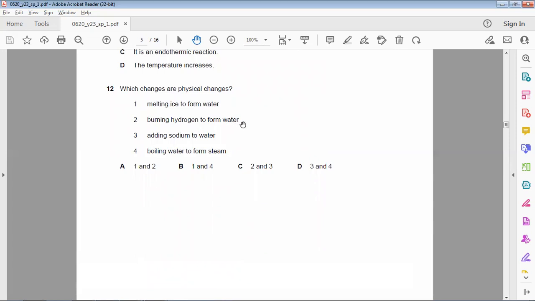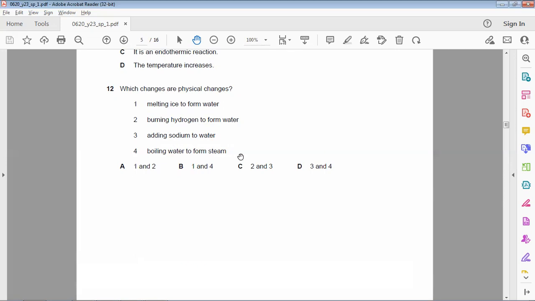Well, that will be a chemical change, because burning hydrogen in oxygen is going to make them react together, forming covalent bonds and resulting in water. So a chemical change. Adding sodium to water is going to make sodium hydroxide. Again, it's going to be a transfer of electrons, so it's a chemical change.